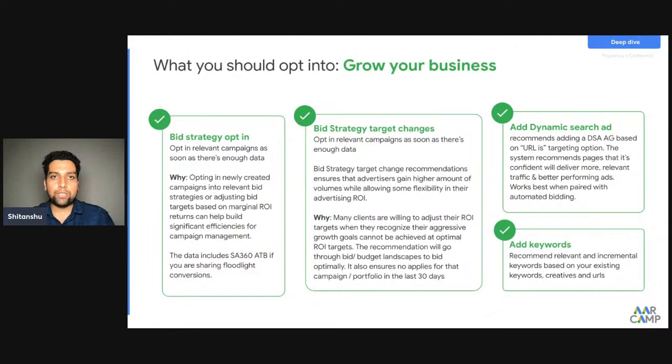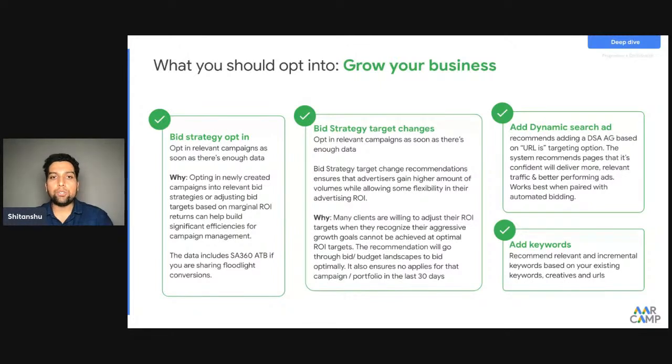You can choose to opt into, for example, maximize conversions, maximize conversion value and other conversion and conversion value focused bidding strategies. When you do that, any campaign that has enough data will automatically be put on those automated bidding strategies for your campaign to be able to utilize its budget properly and to give you adequate performance.